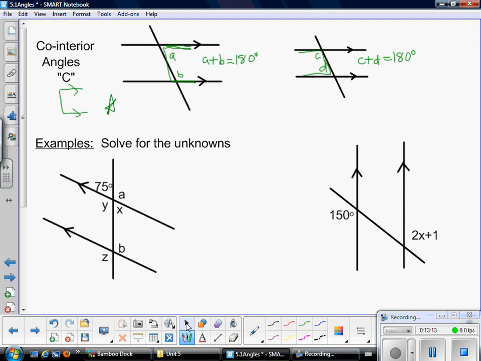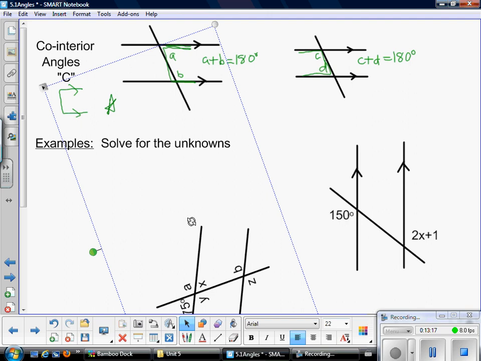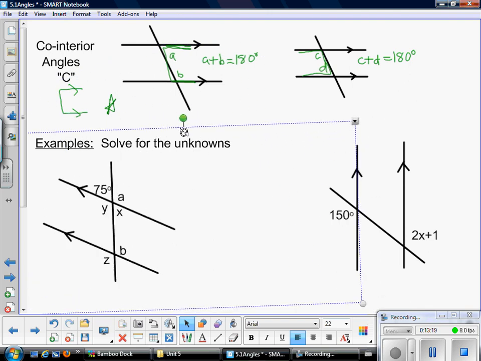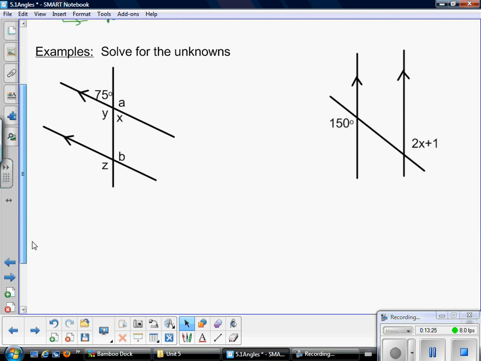Because I have mine, I can actually flip mine around if I so wished, but you can do that with a piece of paper as well. So what we're going to do now is solve all these unknowns in these two examples, and I'm going to do that in the next part of the video.